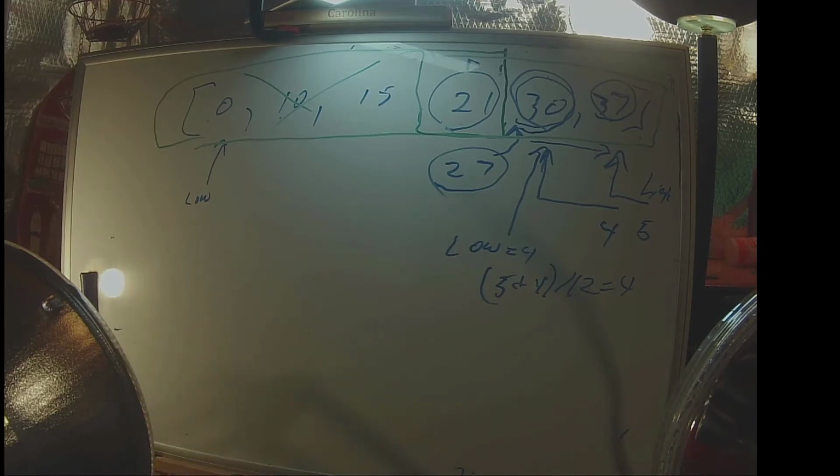So that means, if you're getting rid of half the elements every time, if there are 8 elements, the first time you get rid of 4, the second time you get rid of 2, next time you get rid of 1. So that's 3 steps to get rid of all of the non-answers.